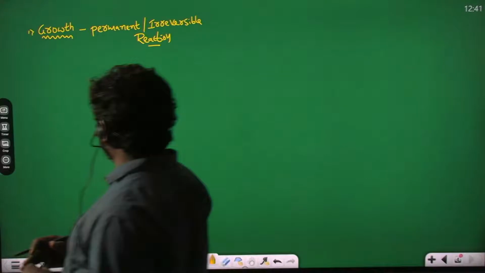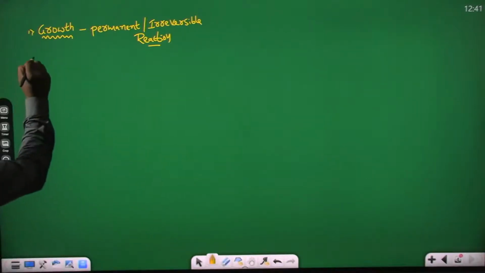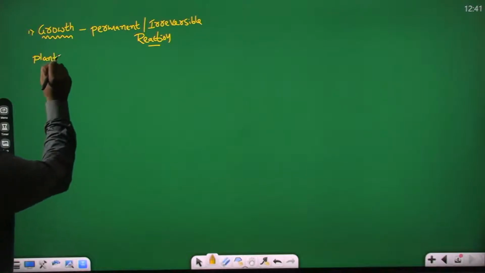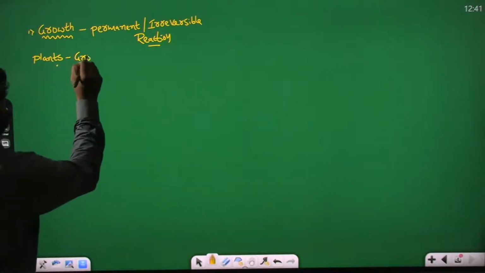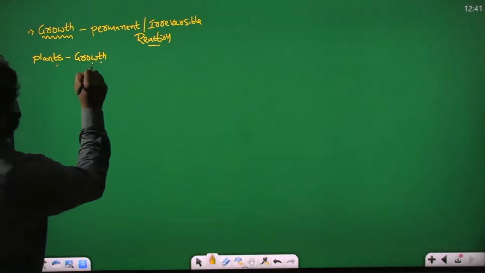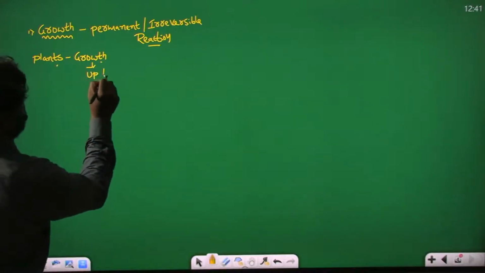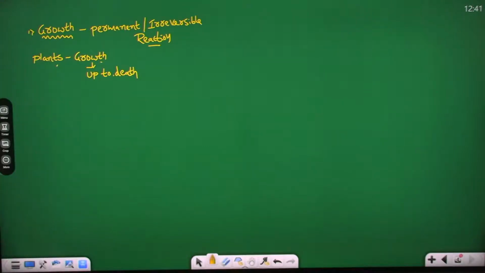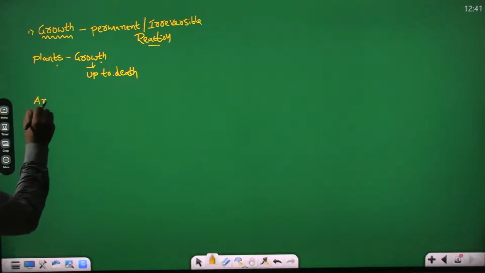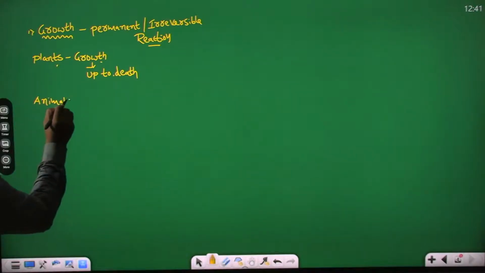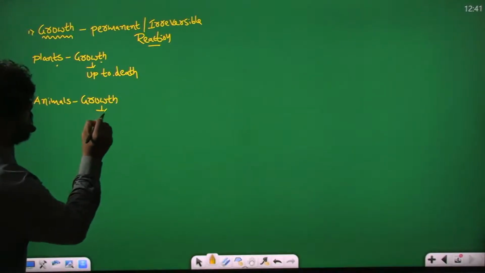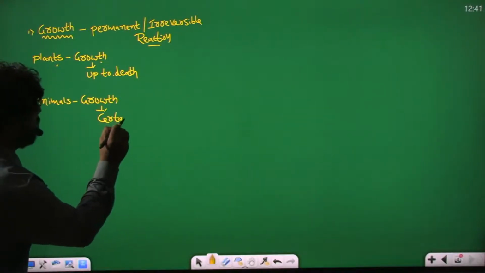And listen, in case of plants, growth occurs up to death, correct? Generally, plants show growth up to death. But in case of animals, growth occurs up to a certain age.